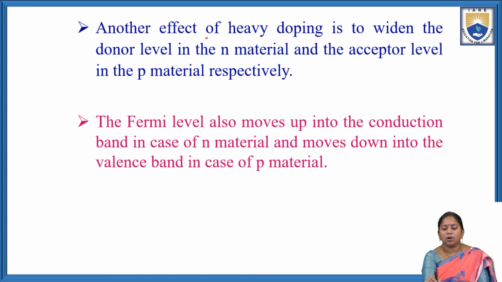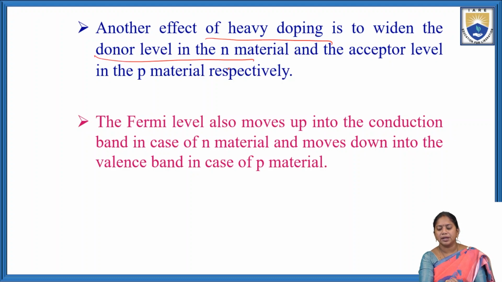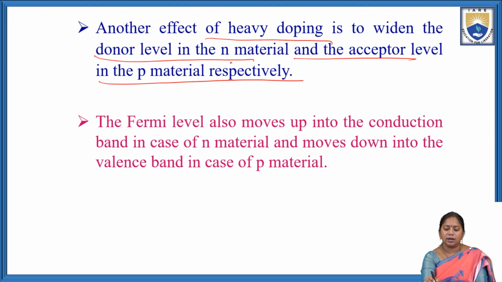Another effect of heavy doping is to widen the donor level in the N material and the acceptor level in the P material respectively. If you take the N type region, it widens the donor level, and if you take the P type material, it widens the acceptor level.